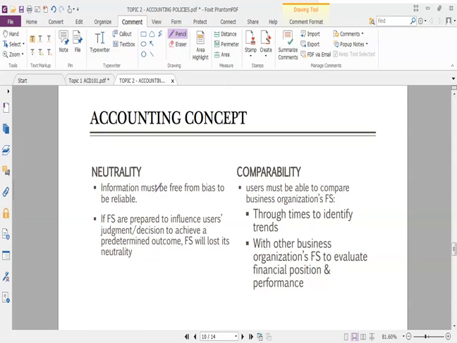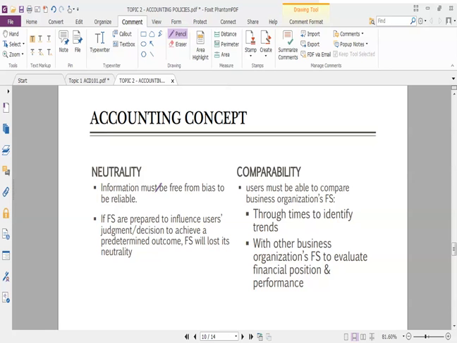Neutrality means that if you are the accountant preparing the financial statement, make sure that you are not preparing it under the influence of others, like the influence from the manager, because you think you need to follow the instruction of your manager. No, it is totally wrong.